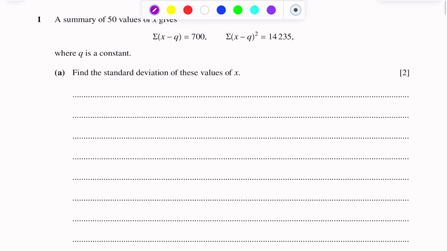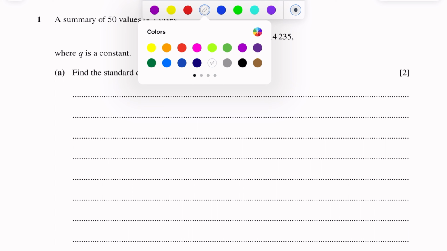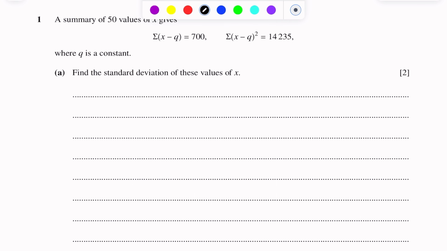We represent it by n. So n is equal to the number of observations, 50.